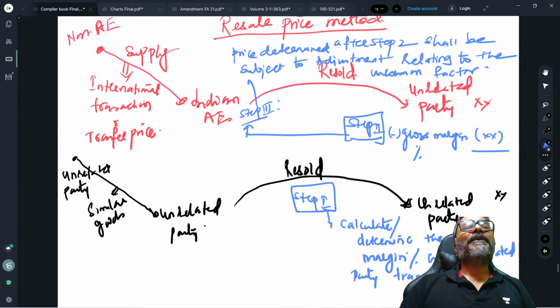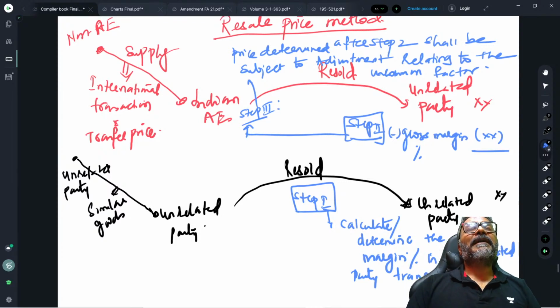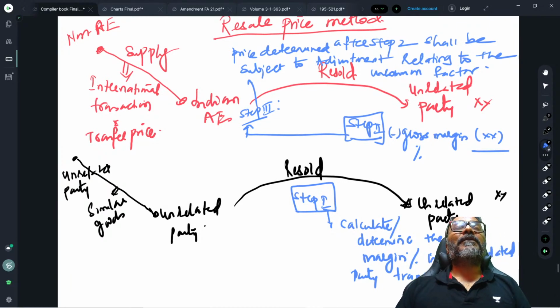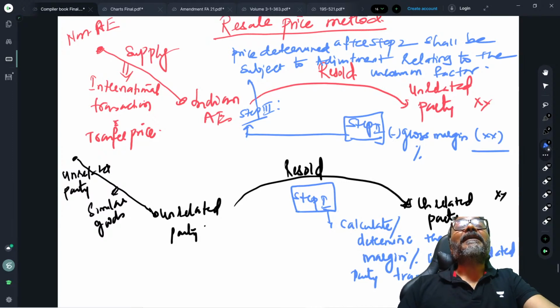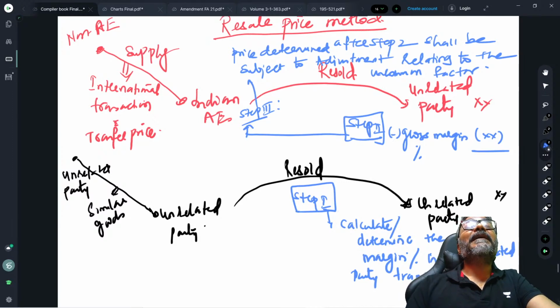The price that you determine, students, will be adjusted in respect of the uncommon factors, in such a way that the price so determined gets aligned with the factors which are there in the international transaction.